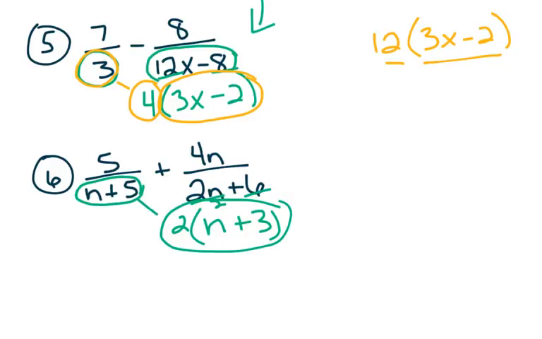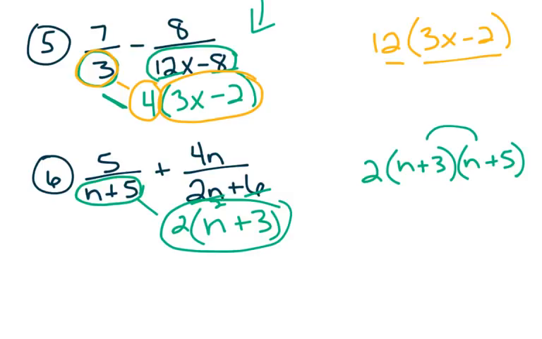So now I have n plus 5 times 2 times n plus 3. Okay, well, I've got 3 things again, but 2 of them aren't numbers, so I can't multiply those and make it simple. So I'm going to do 2 times the n plus 3. It doesn't matter if the n plus 3 goes before the n plus 5 or not. You could switch the position of those two. That's not a big deal. And this is my least common denominator.